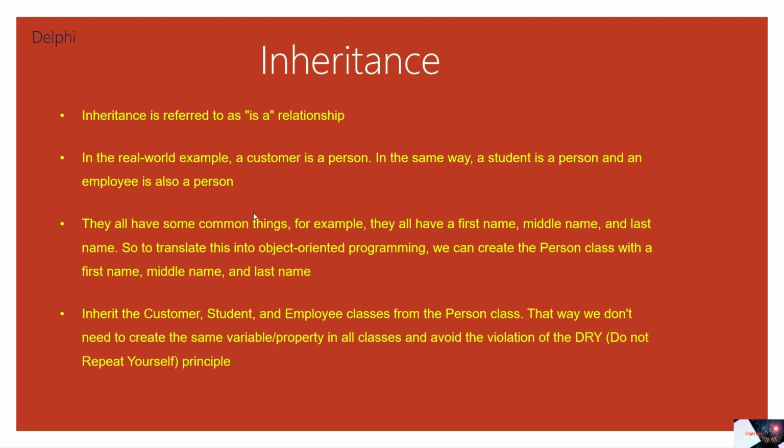To translate this into object-oriented programming, we can create a person class with the first name, middle name, and last name, and inherit the customer, student, and employee classes from the person class. That way we don't need to create the same variable or property in all the child classes, which avoids violating the Don't Repeat Yourself principle.